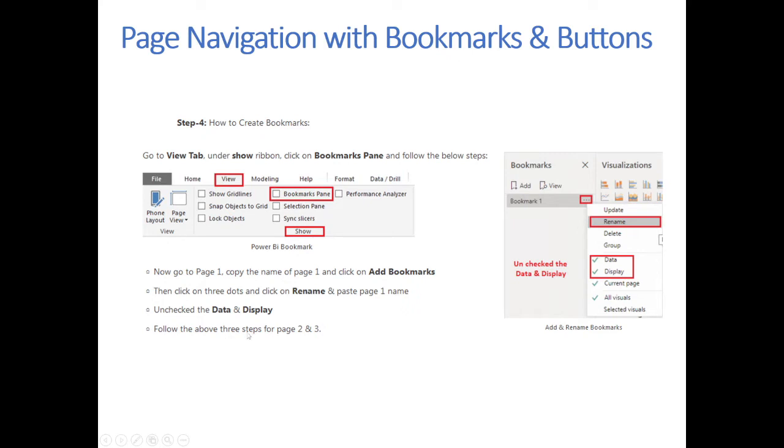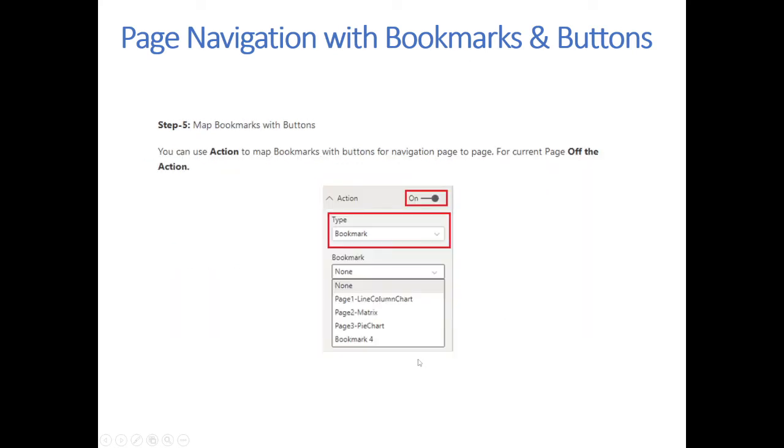Follow the above 3 steps for Pages 2 and 3. Okay, so we add bookmarks, then click on this, we rename, and uncheck this one. To rename this, since we are on Page 1, we copy the name of Page 1. Then we do that on the other 2 pages.